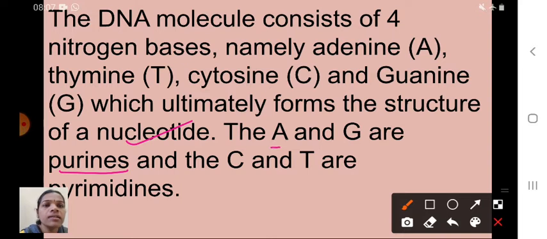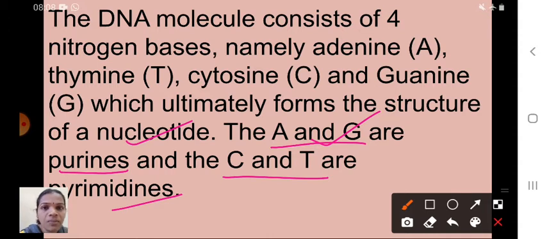A and G, that means adenine and guanine, are purines, and the cytosine and thymine are called what? Pyrimidines. Okay, children, once again I will repeat: adenine and guanine are called purines, and the cytosine and thymine nitrogenous bases are called pyrimidines. Always adenine is combined with thymine, and guanine is combined with cytosine.